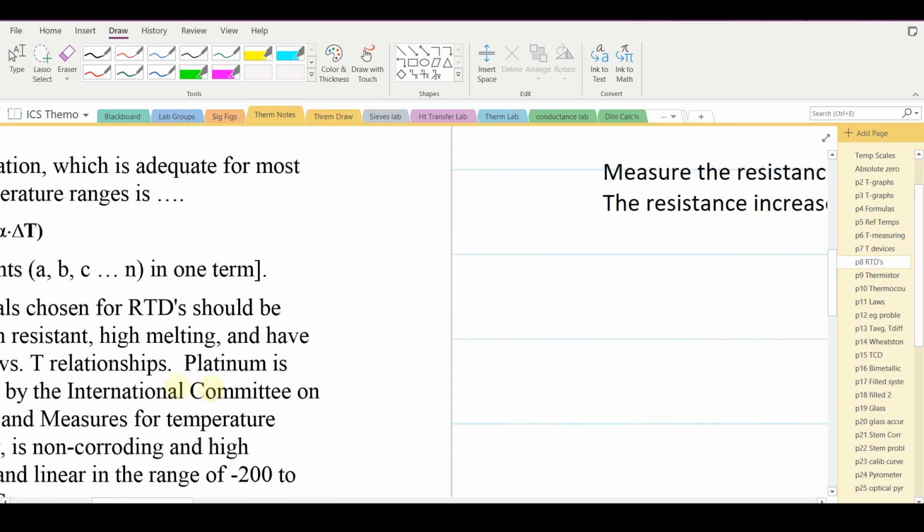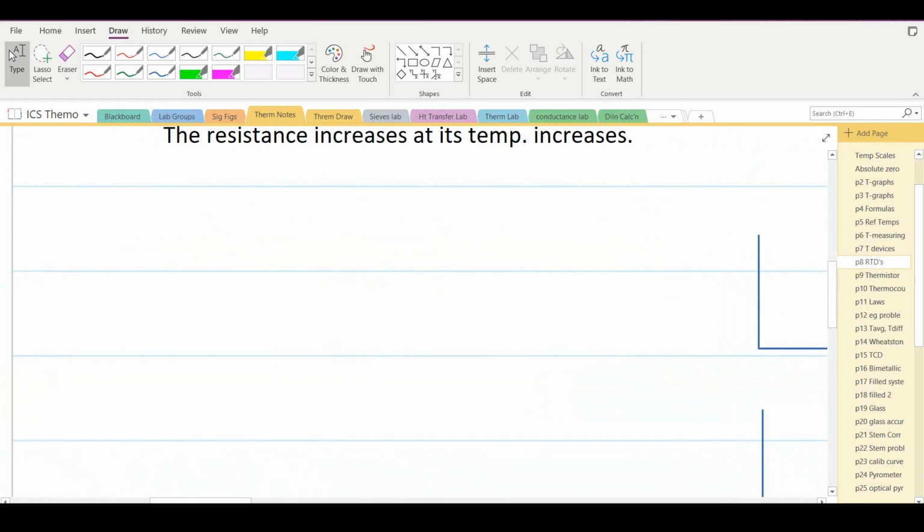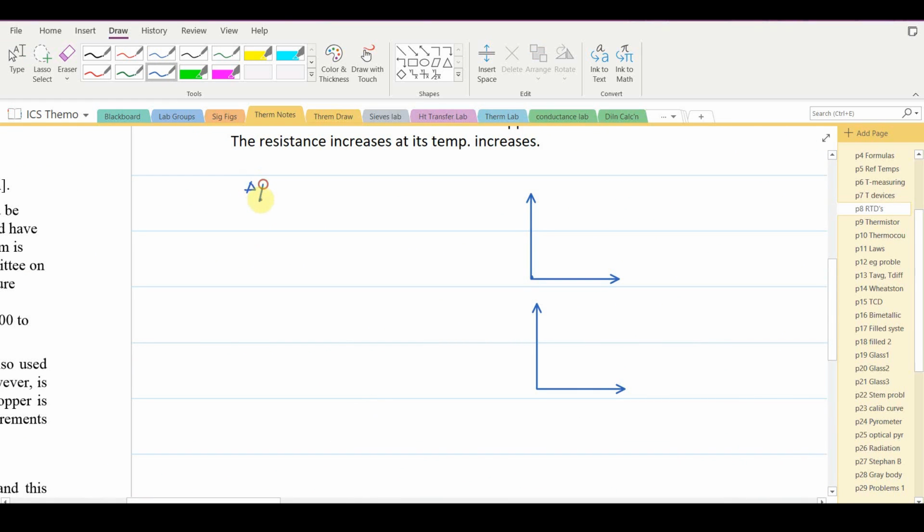So let's take a look at this equation in a little more depth here. I'm going to say delta R is equal to alpha R sub 0 delta T. Now I can rearrange this a little bit and say delta R over R sub 0 is equal to alpha delta T. And you can see that this is the equation of a straight line, y is equal to mx.